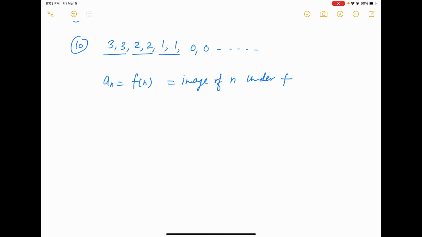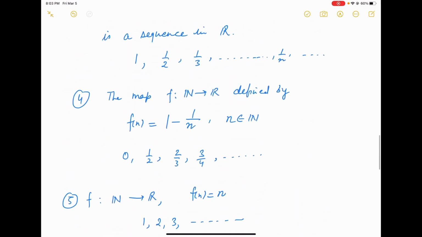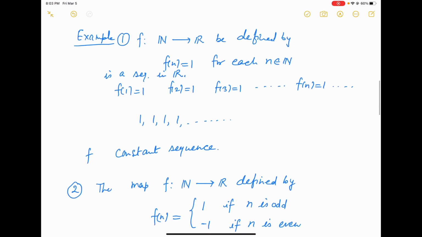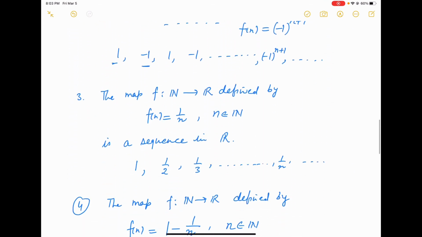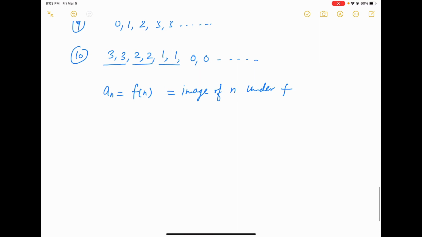Elements may be repeated. Suppose in a sequence all the elements are same, then this sequence is called a constant sequence. So you know what a constant sequence is.